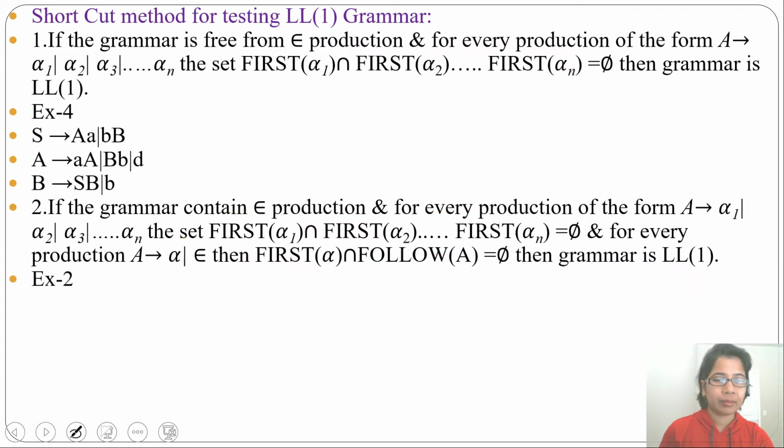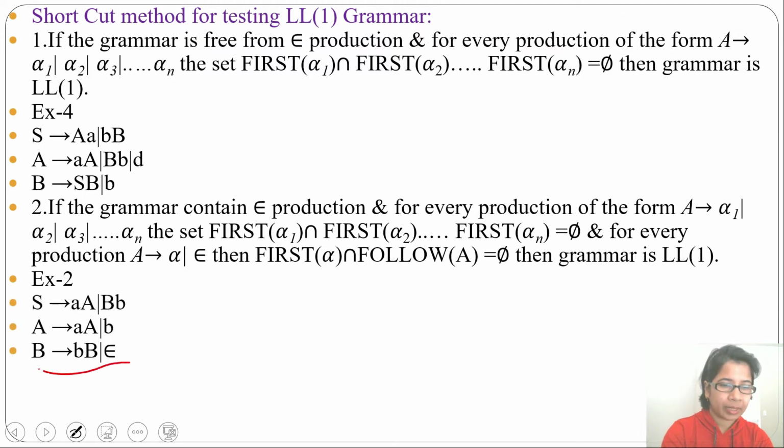Let's see one example. It is example 2. I already discussed the parse table for this example. Now here there is an epsilon production. Just check this one. What will be first of B? First of B will be b and epsilon. Epsilon cannot be part of the parse table. Now what will be follow of B?